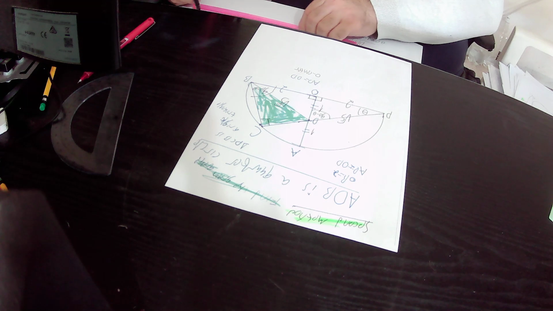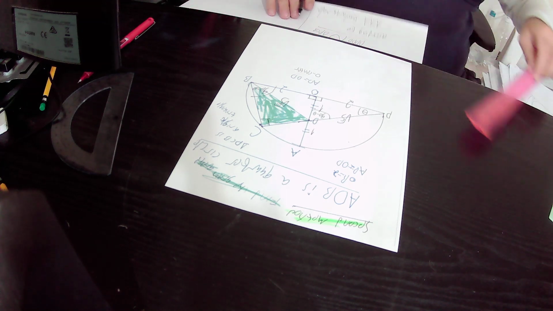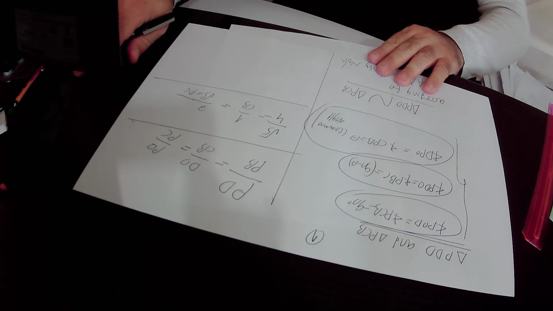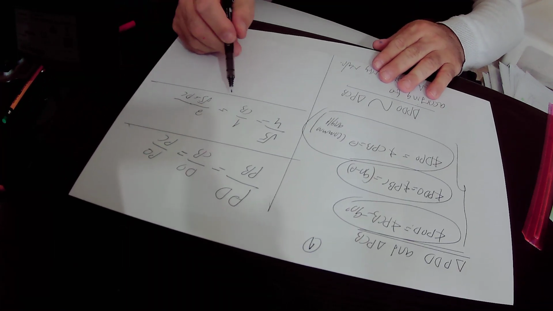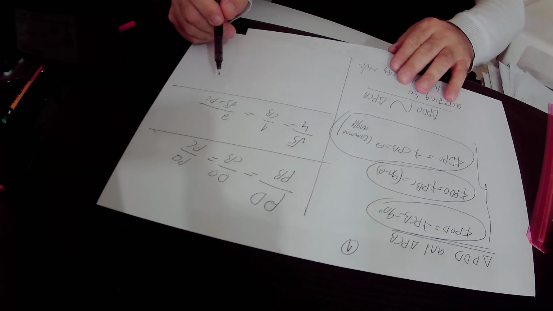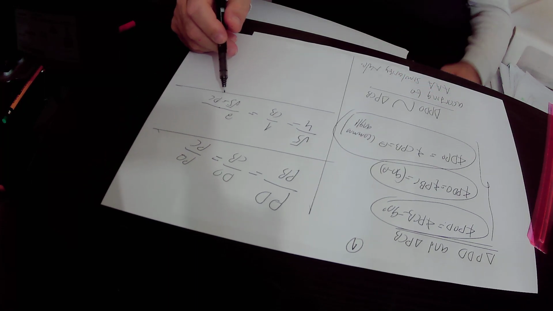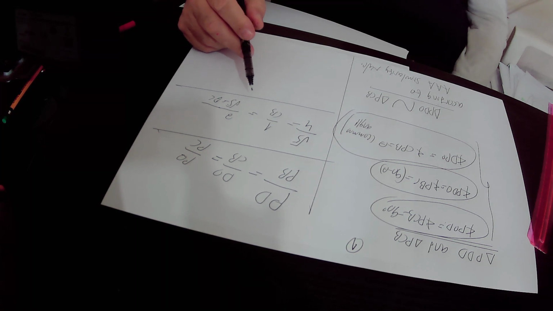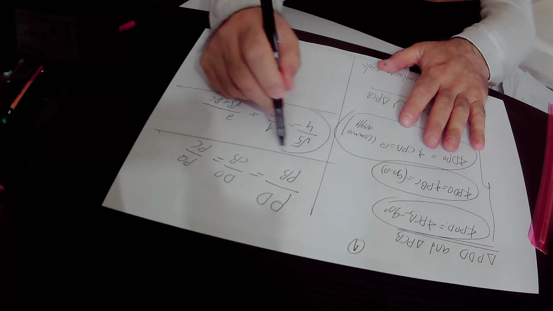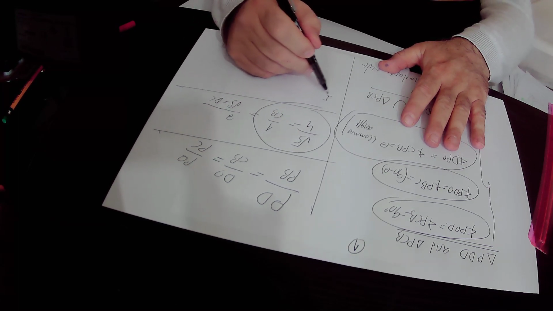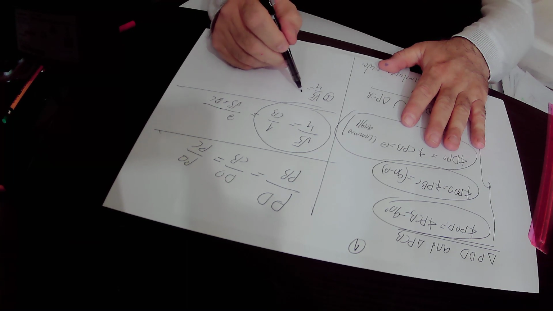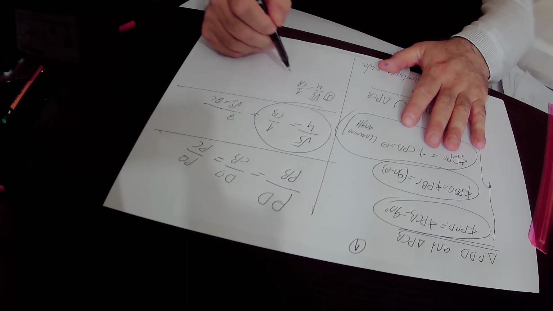So, in conclusion, I found out that the square root of 5 over 4 equals 1 over CB, and it also equals 2 over the square root of 5 plus DC. From this long equation, we derive the first equation, the square root of 5 over 4 equals 1 over CB.